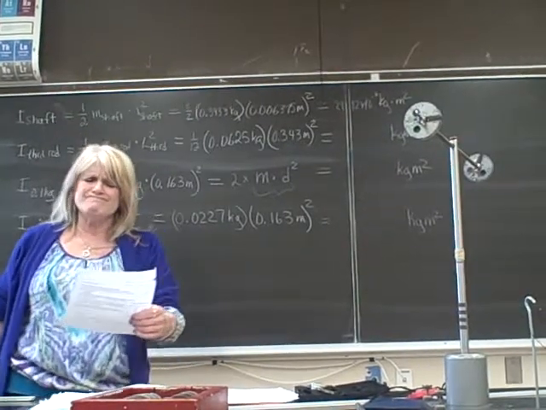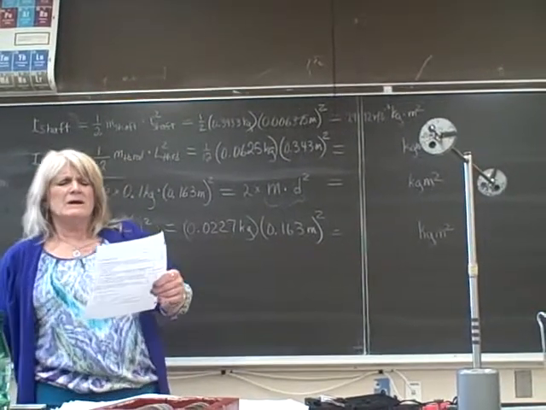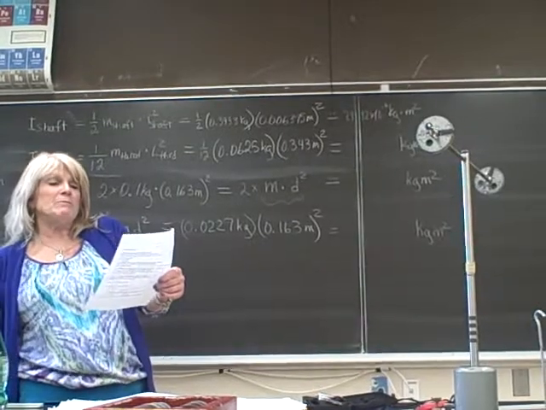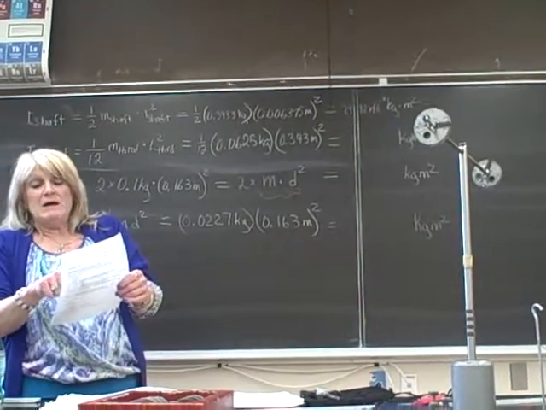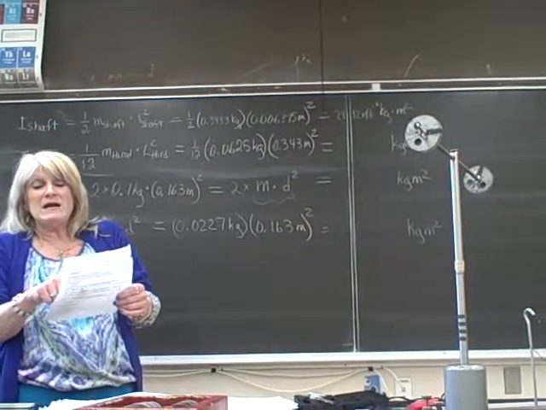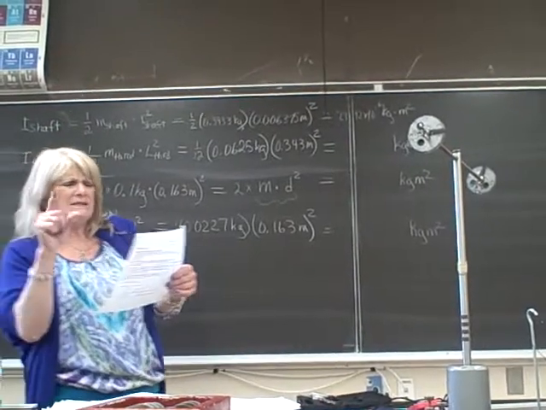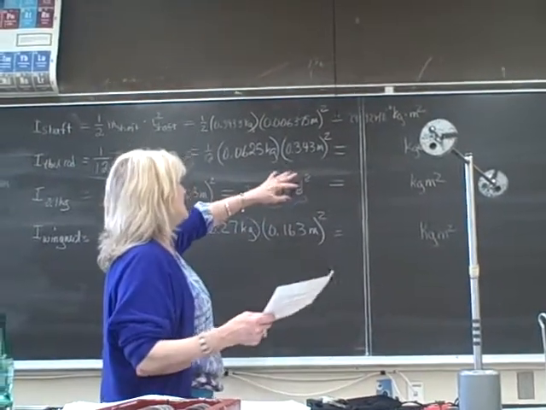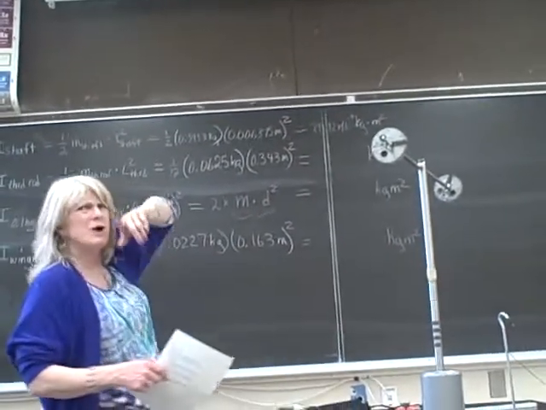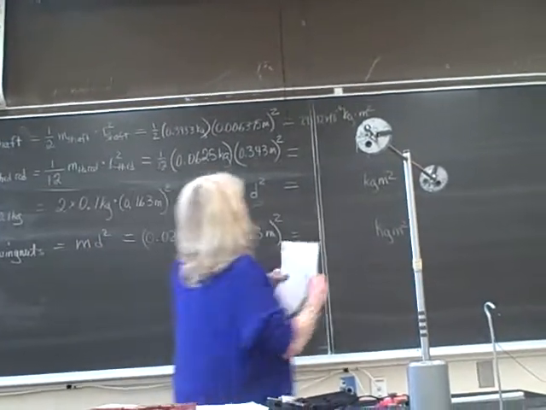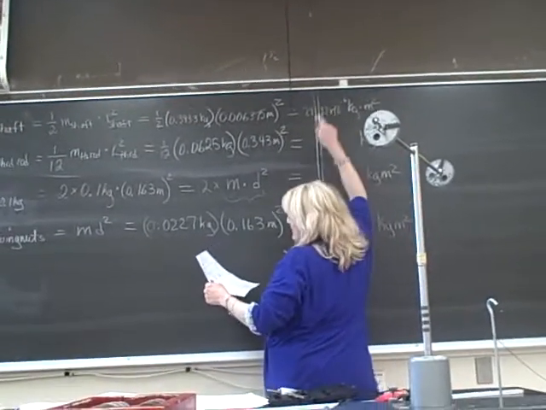I could be wrong. Actually, when I did this yesterday, I got 8.196. I had a slightly different set of values, but try it again. Check your calculations. I'm inclined to go with this one.